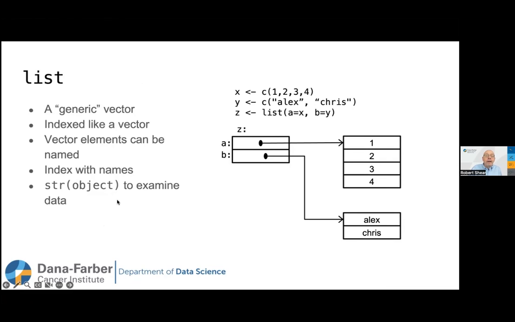That's about NaN. There's one more kind of vector, and it's called a list. The list is a generic vector, it can take anything. Here's a picture of the vector Z created by list of X and Y, and we happen to have named these. This could be ragged, it could be complicated. I can store really sophisticated stuff in there.